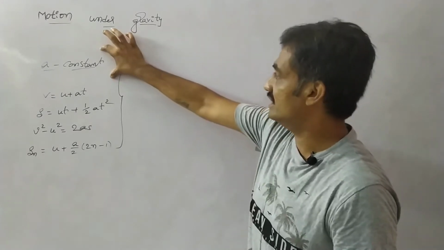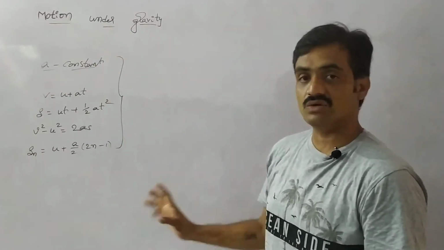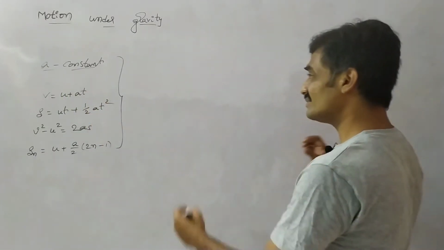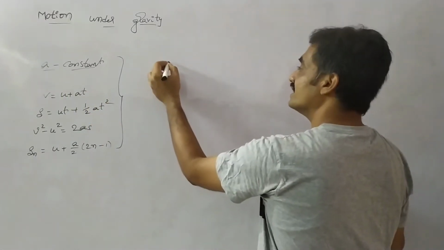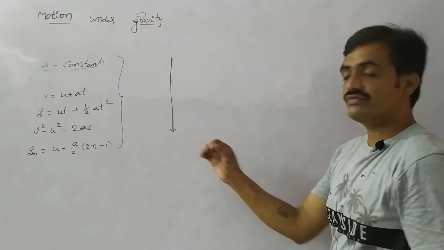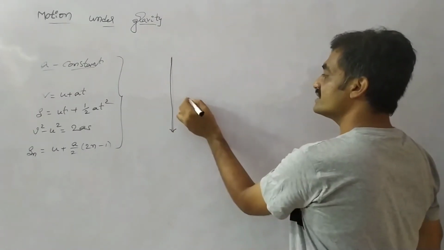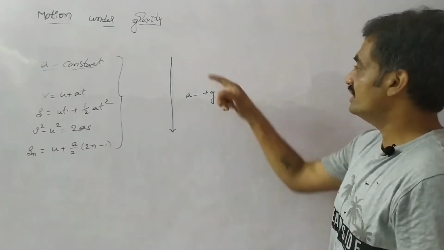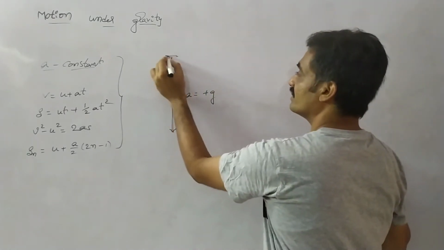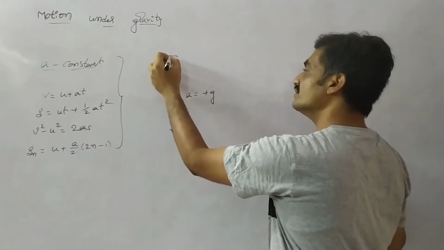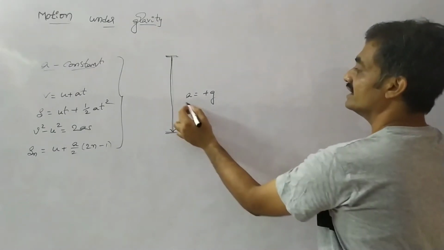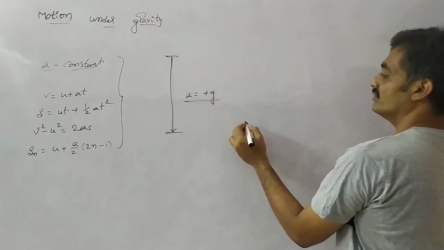Based on this, now we are going to discuss this topic. We are saying that acceleration is a constant. Let us consider that the body is falling freely. Then acceleration due to gravity is constant. If a body is projected from a particular height, moving from a height towards the earth surface, then acceleration due to gravity is constant.